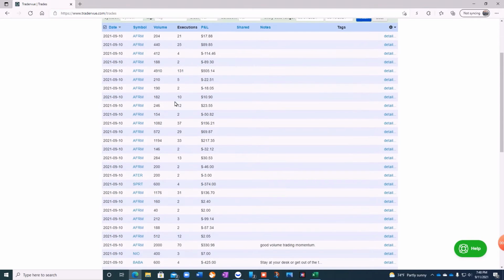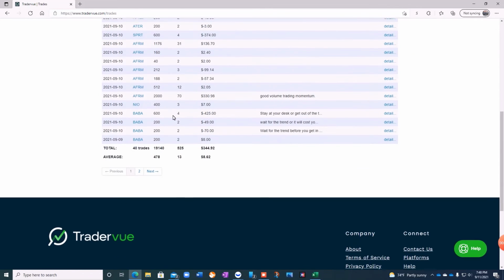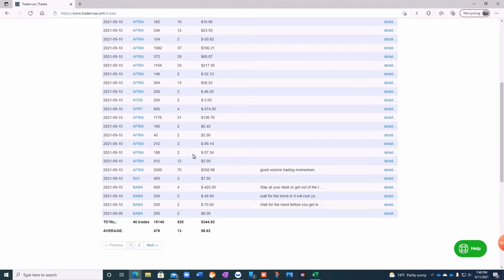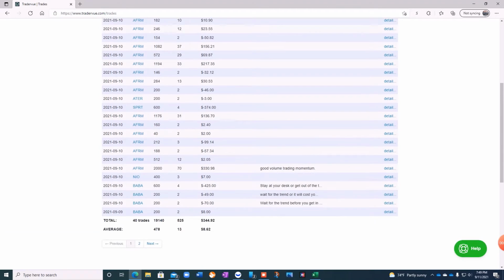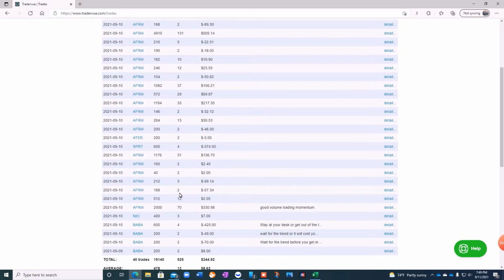As you can see here, it was a lot of ins and outs in a firm. It had great volume. If I was trading off a commission platform, I'd be broke and in debt right now with that many entries and exits. So yeah, let's look for a really good one.